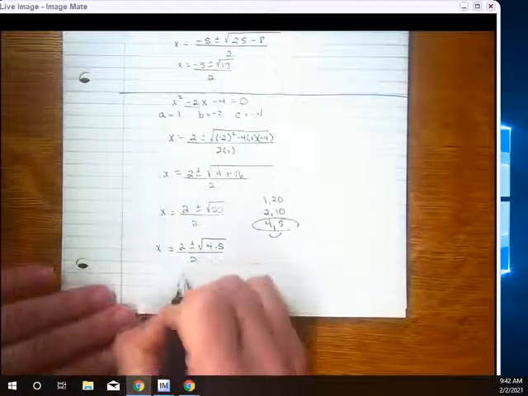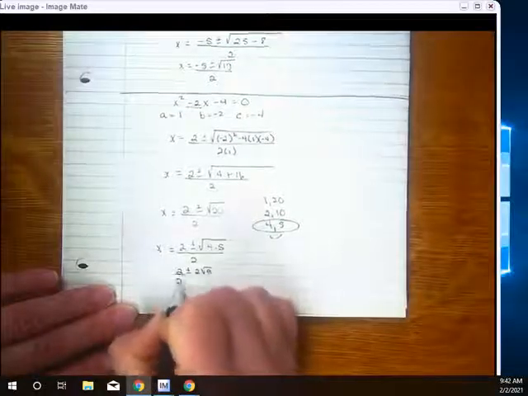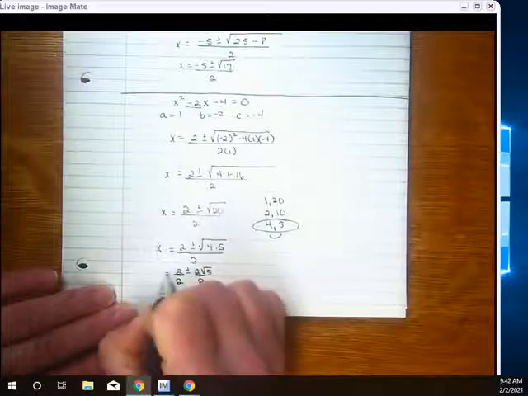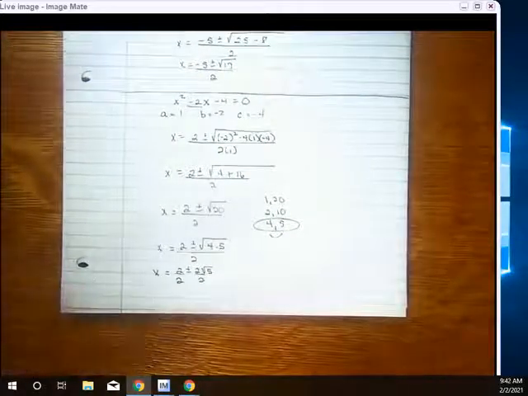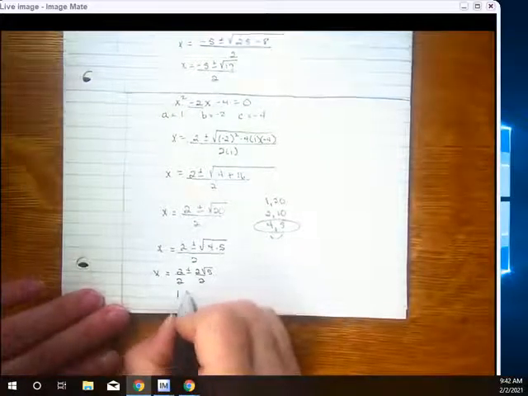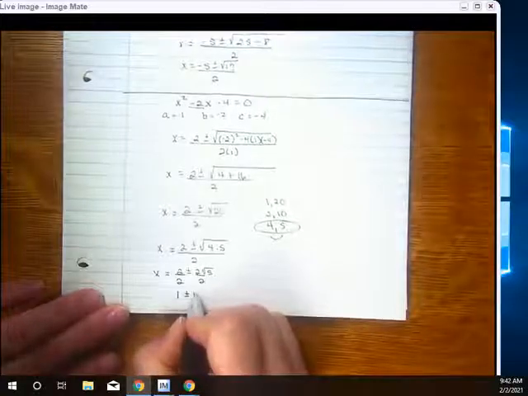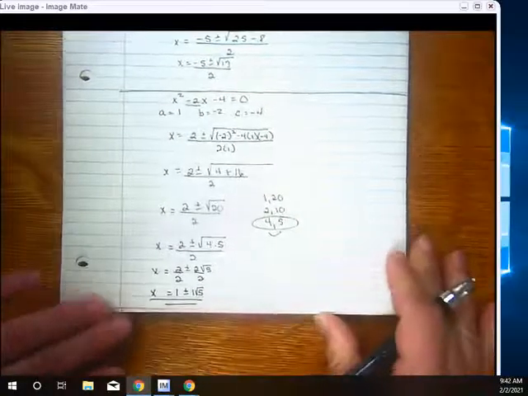The square root of 4 then is 2, radical 5. Now, because I'm dividing this by 2, I'm going to rewrite it as 2 separate fractions so that I don't mess up when I start dividing. 2 divided by 2 is 1. 2 divided by 2 is 1, radical 5. And now we have simplified our problem.